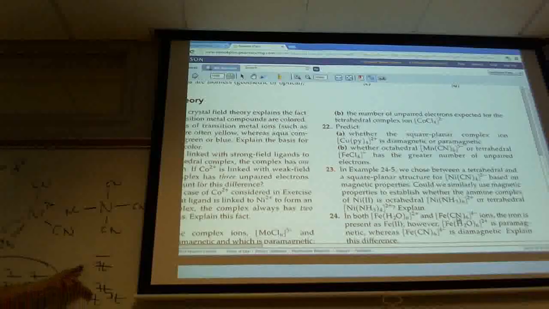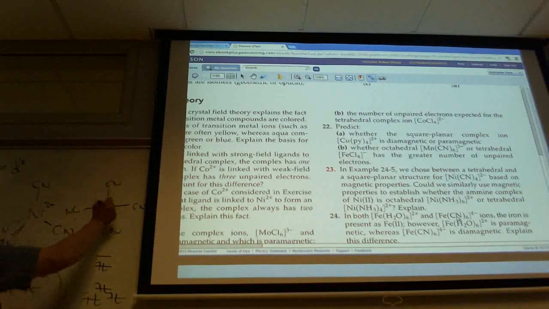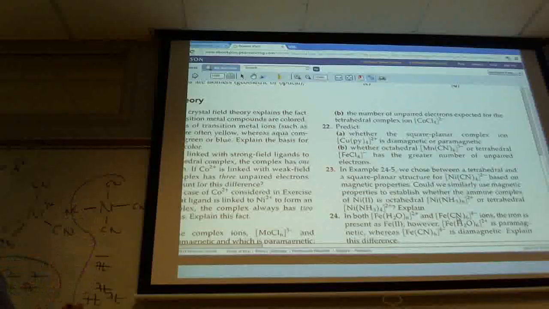And so the average energy here will be lower than the average energy here. Does everybody see that? In this case, all the orbitals are occupied. Here, we leave the highest energy orbital empty, meaning that the average energy is going to go down. Does that make sense? And so all nickel 2 complexes are square planar.